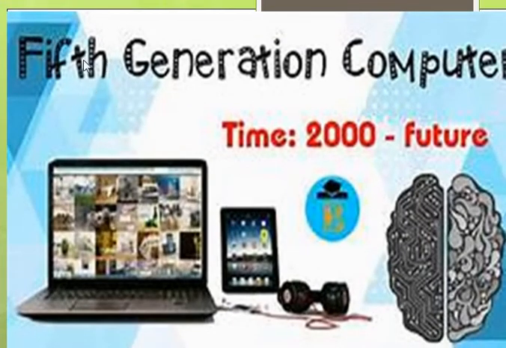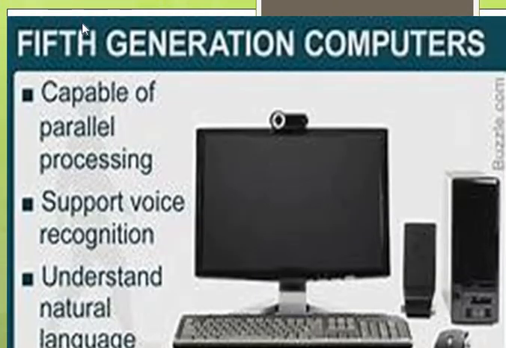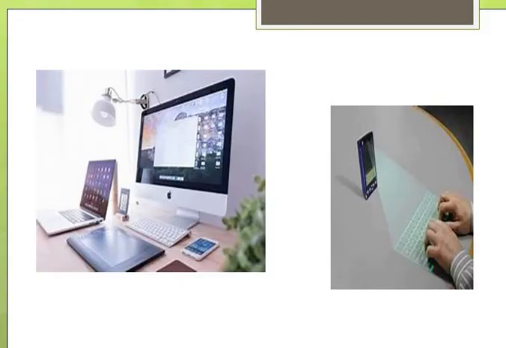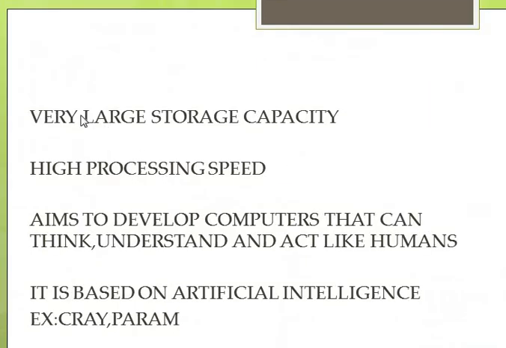Next, the last one, fifth generation computers. In the fifth generation computers, they are capable of parallel processing, support voice recognition, understand natural languages, and many more. This is the ongoing generation. The features of fifth generation computers are very large storage capacity, high processing speed, and aims to develop computers that can think, understand, and act like humans.